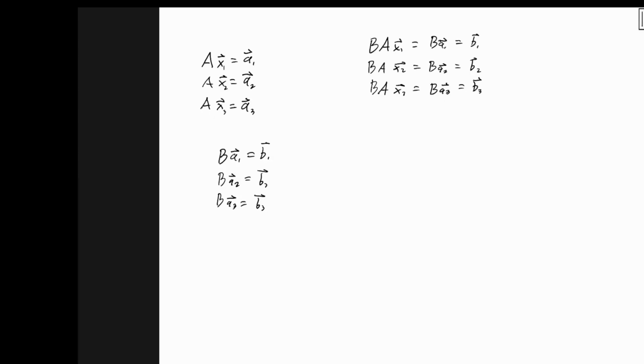And what has happened to the area is we have taken the area of x1, x2, x3 and multiplied it by the determinant of A, and then taken that area and multiplied it by the determinant of B. And so what that means is that the determinant of BA has to be equal to the determinant of A times the determinant of B.